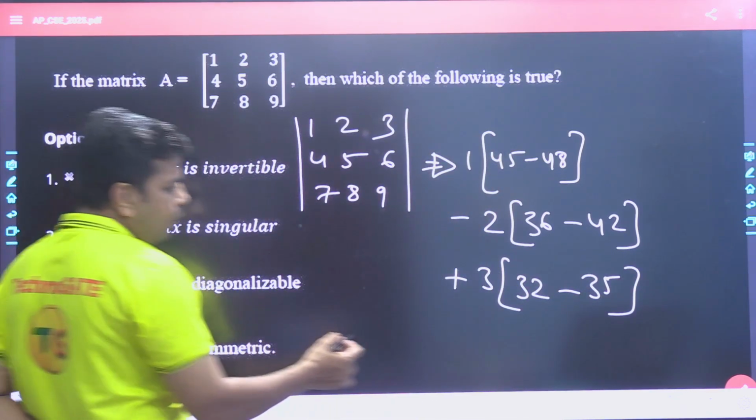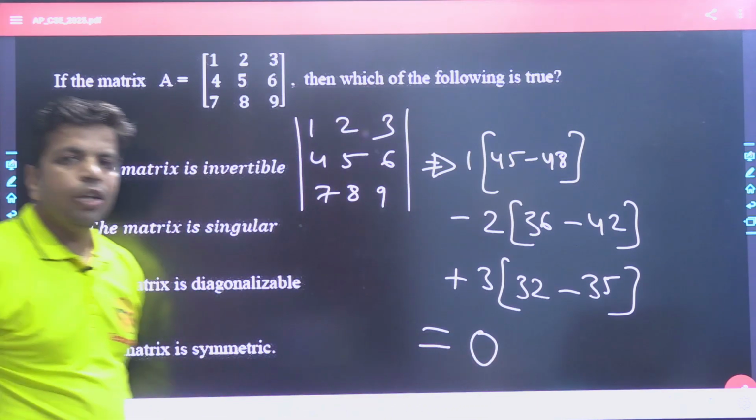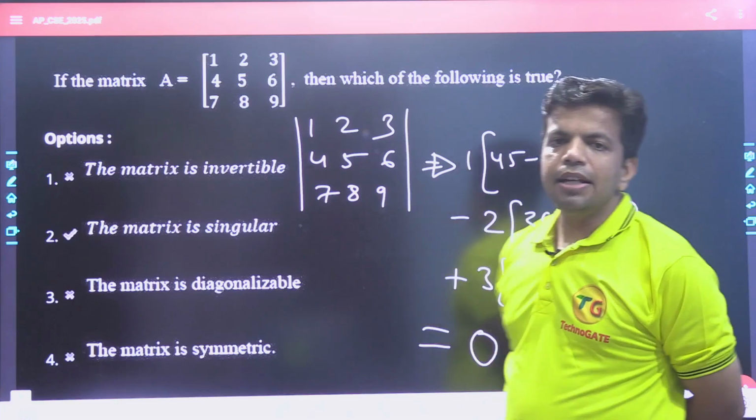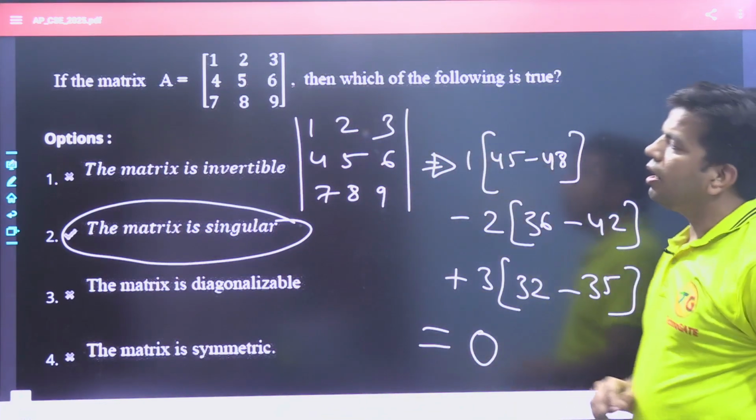When we compute this, the result is equal to 0. So if the result is 0, then the matrix is singular.